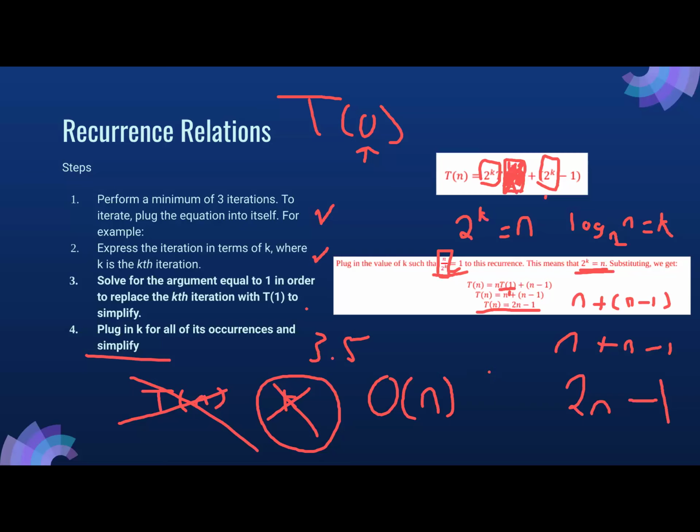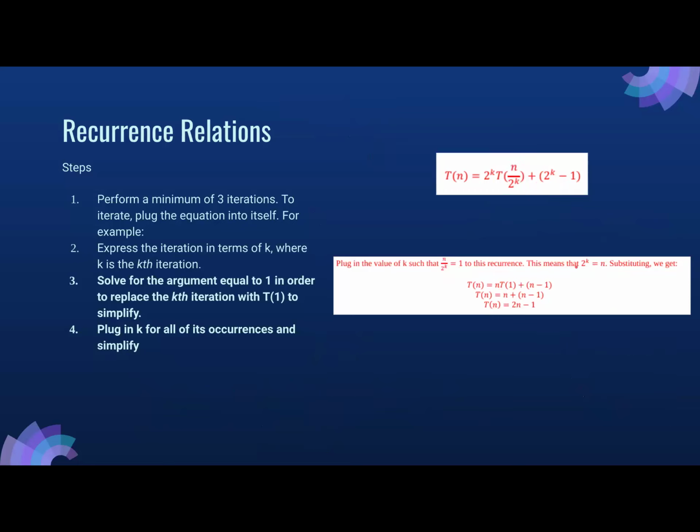For me personally, I like always setting k equal to, like, I want k isolated, right? So n over 2^k equals 1. This also means that n equals 2^k, which also means that log base 2 of n equals k.